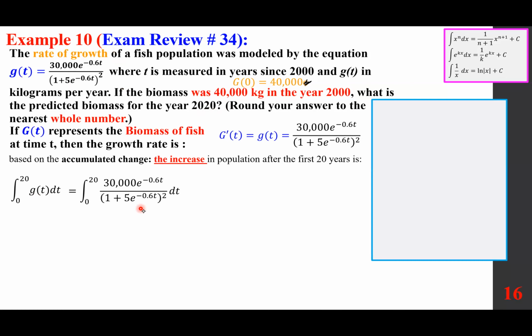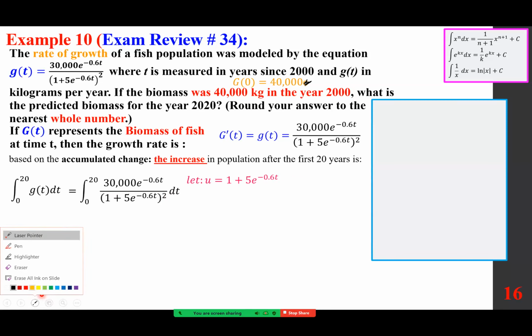And if you recall, anytime we are dealing with a fractional format, after we simplify, the choice of u is the denominator, of course, without the exponent. Now, I want to show you quickly what happens if I differentiate it here.